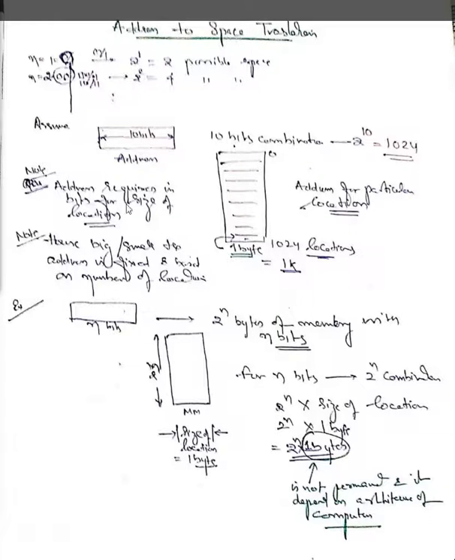Address required in n bits for a size of locations. So depending upon the bit size or depending upon bytes, the files are being stored in these locations. Now here, how big or small, the address is fixed and based on the number of locations.